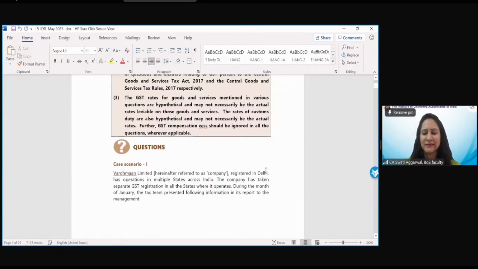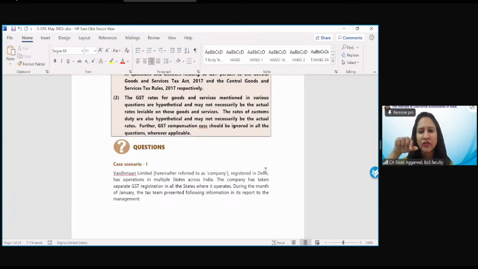So let's start with the questions. Case scenario number 1. I am going to read with you. You may also start reading with me. And first of all, I will tell you how to approach the case scenario. When you get the case scenario paper in your examination, we advise the students to first give a quick reading to the case scenario.